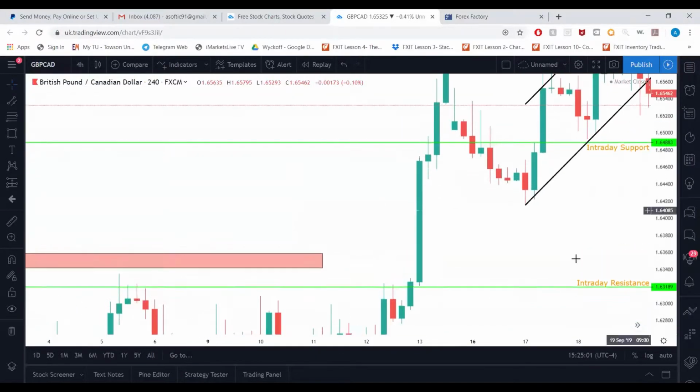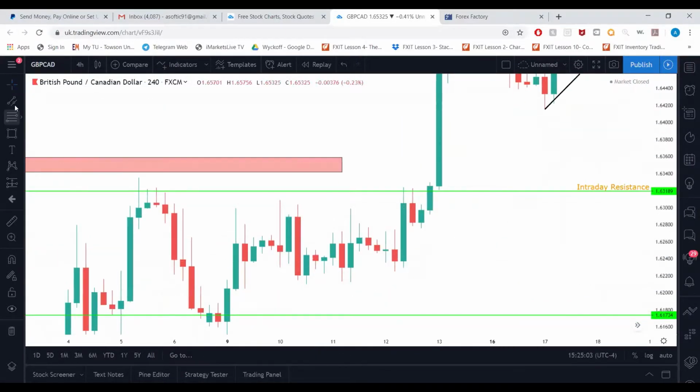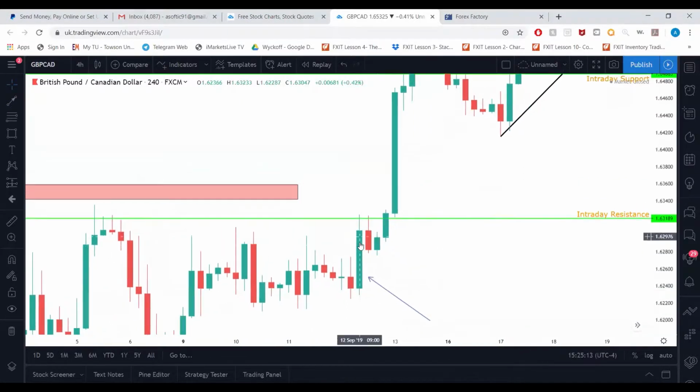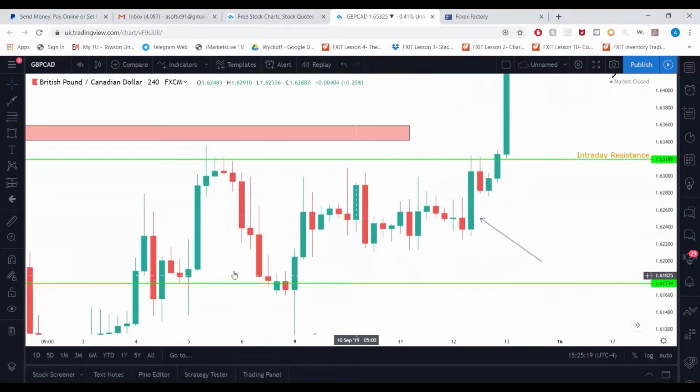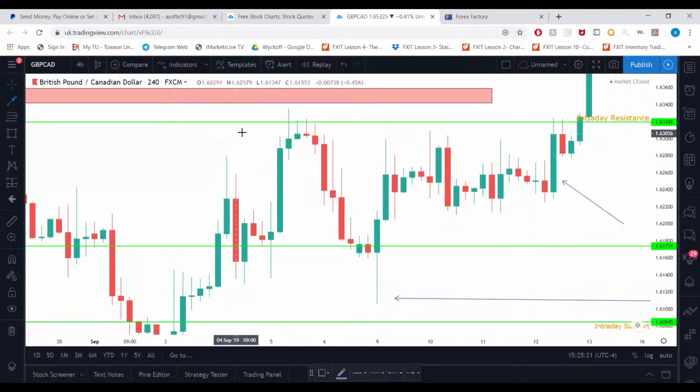This is known as an engulfing candle. This one right here completely covers the previous candle. Again, this is bullish engulfing. It can be bearish, like the one right here, where essentially price pulled back, but it fell back down.